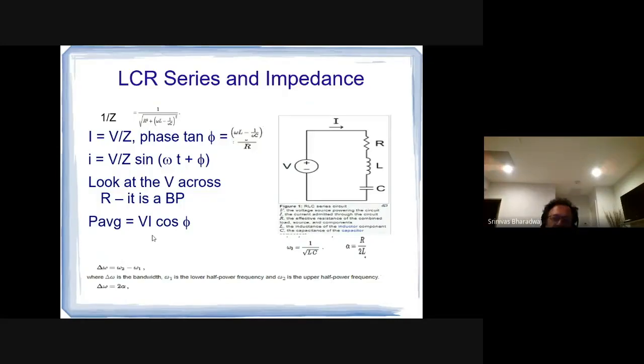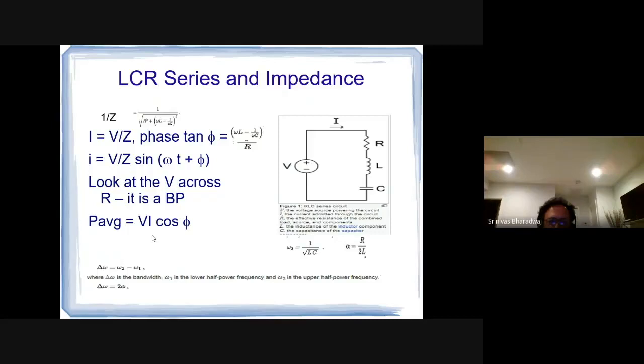So tan phi equals omega L minus 1 over omega C divided by R. Okay, and therefore phi equals tan inverse of the other one. Okay, now if omega L equals 1 over omega C, then tan phi goes to 0. Okay, that means the circuit is in resonance.